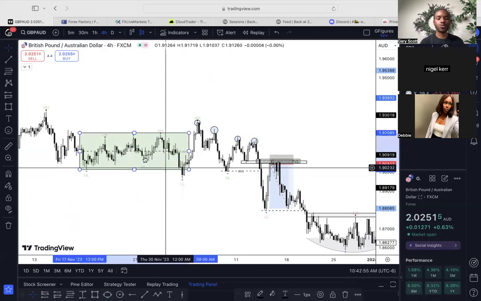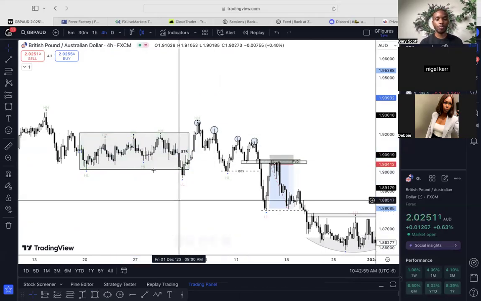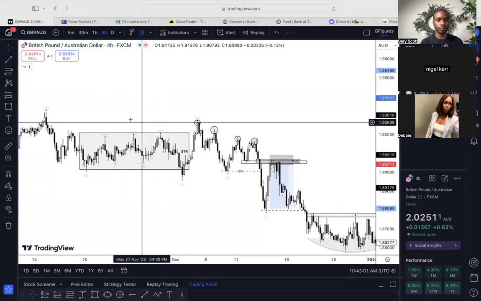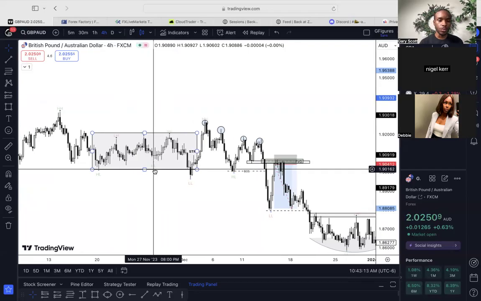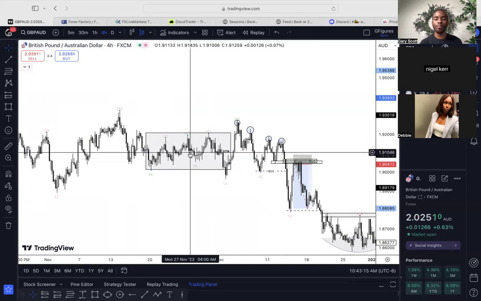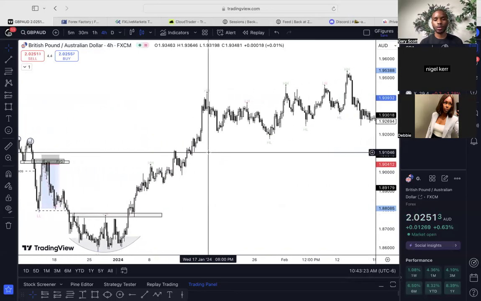What type of market is this one here? If you say it's a ranging or consolidation market, you're absolutely correct. Big moves tend to happen right after these accumulation stages, which is also considered a ranging market.